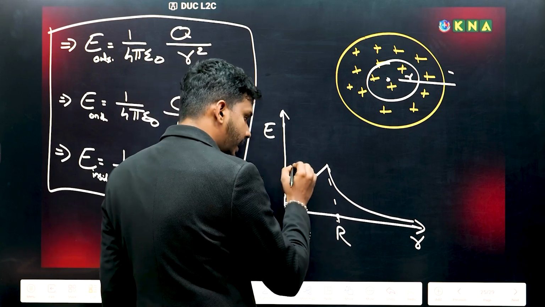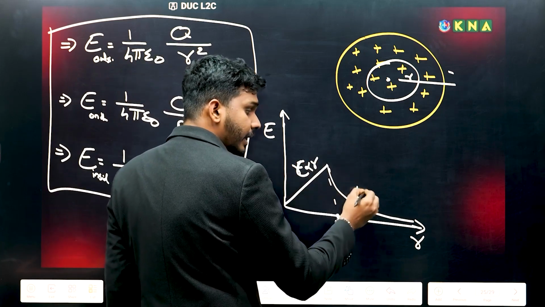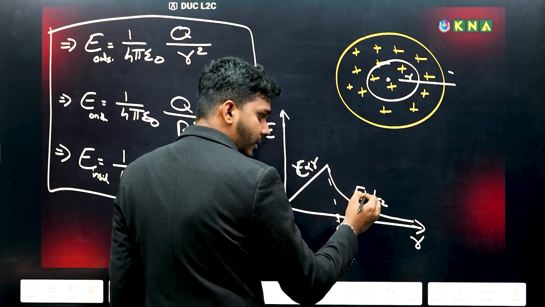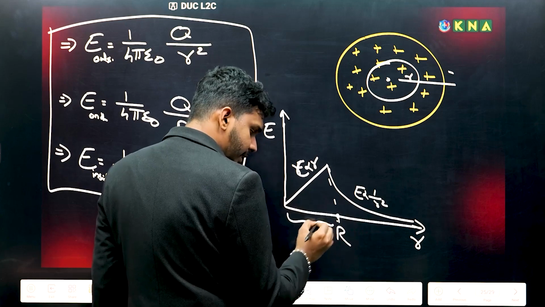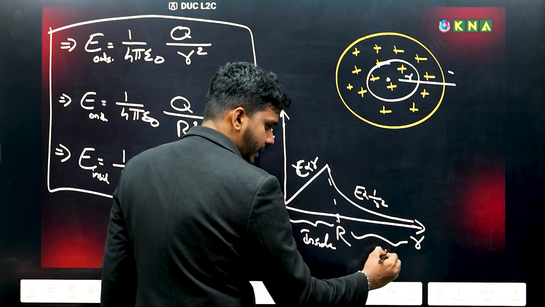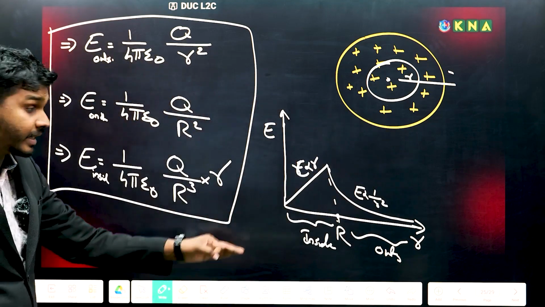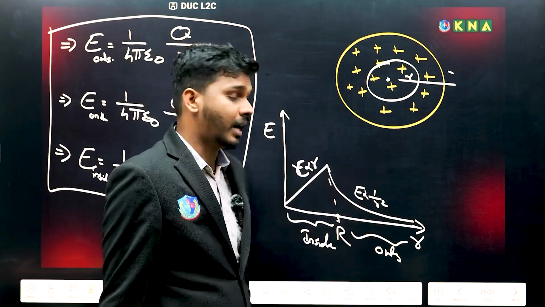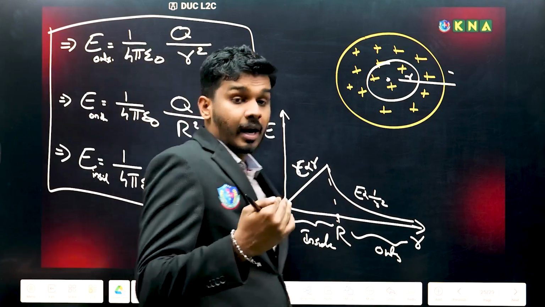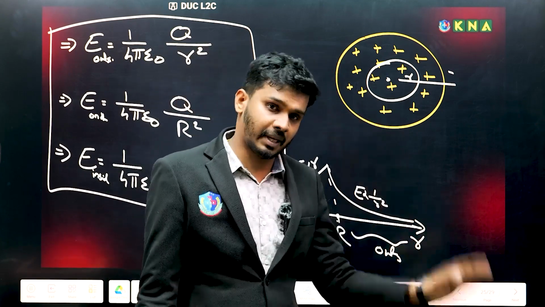This part is directly proportional to r, and here it is inversely proportional to r square. This is inside, this is outside. At R it reaches the maximum, then it is inversely proportional to r square. This is the electric field inside, outside and on the surface of a solid sphere.